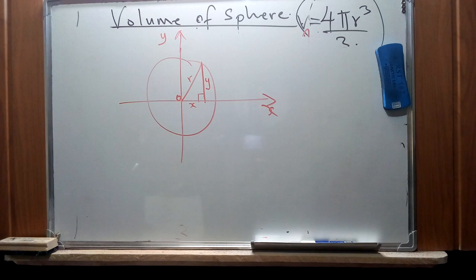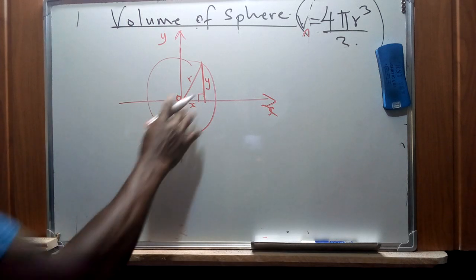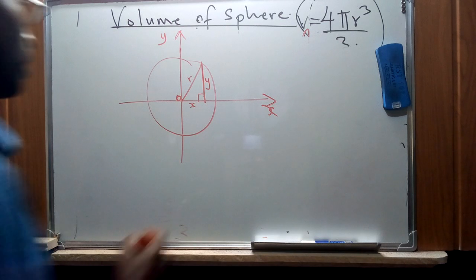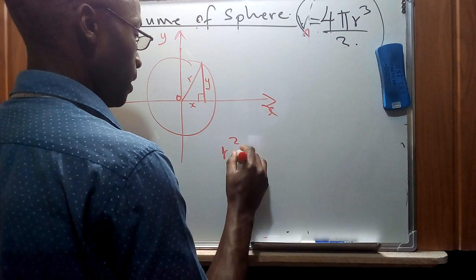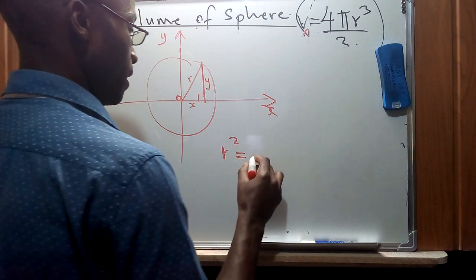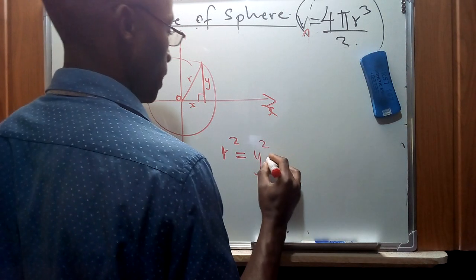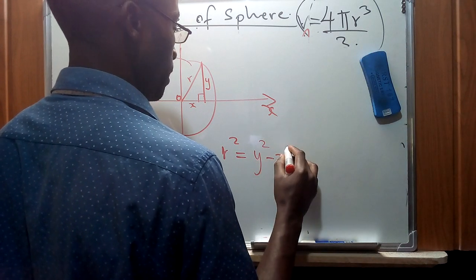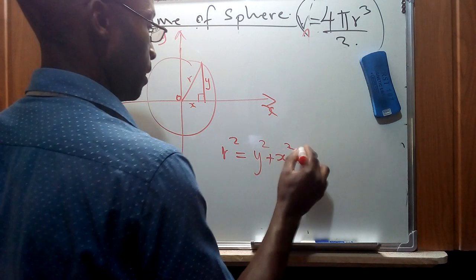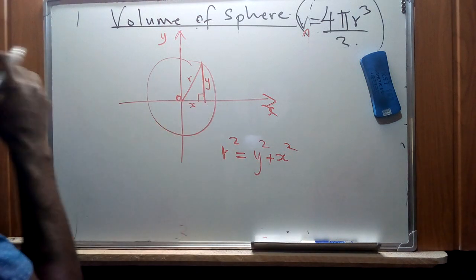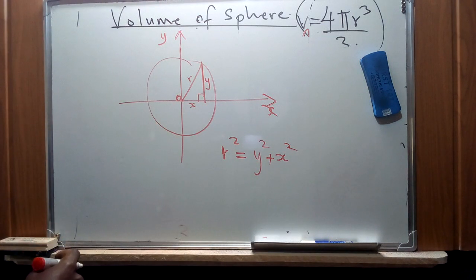So there's a triangle formed inside that circle, with the base, height and the hypotenuse. So using Pythagoras theorem, r squared is given as y squared plus x squared. The hypotenuse squared equals the sum of the squares of the sides.